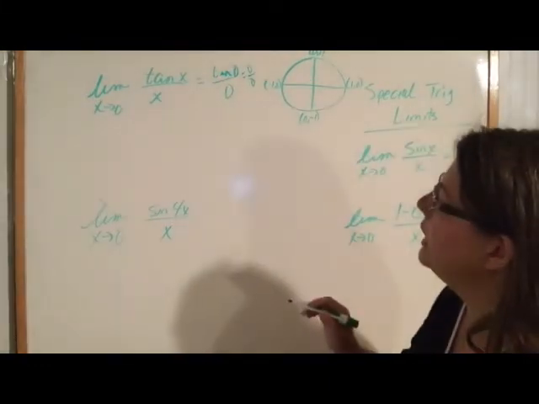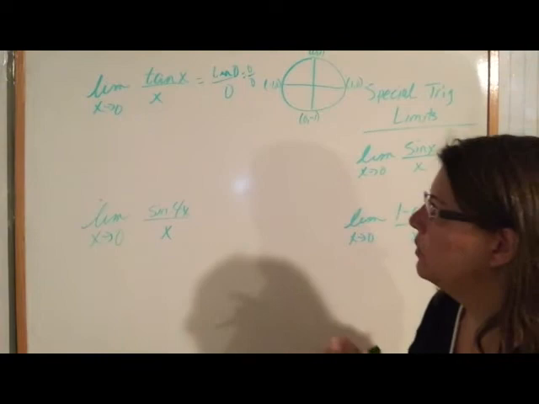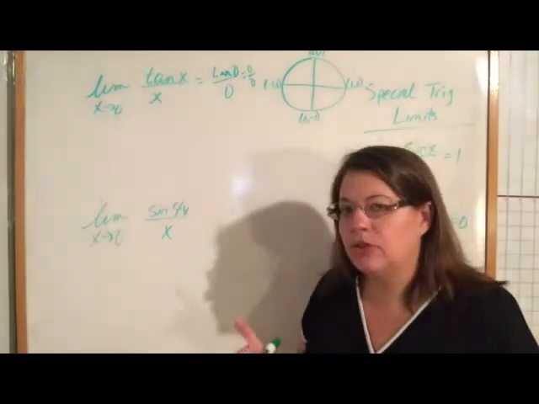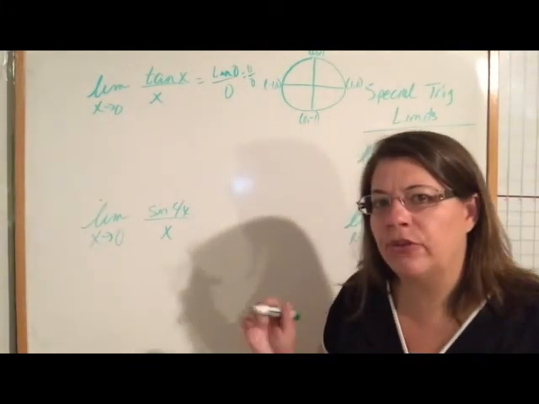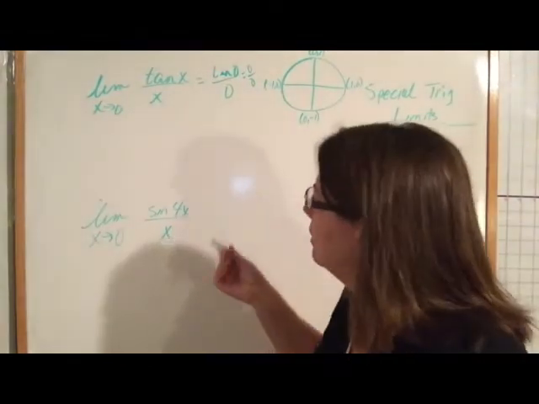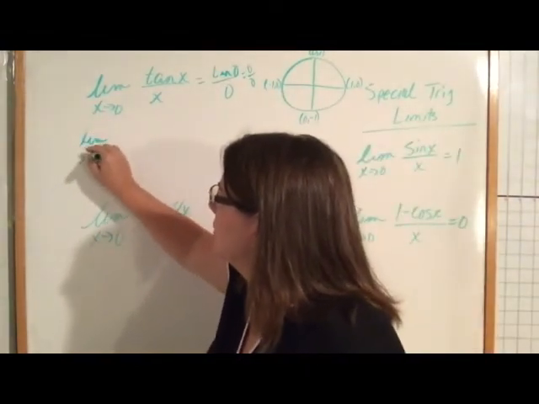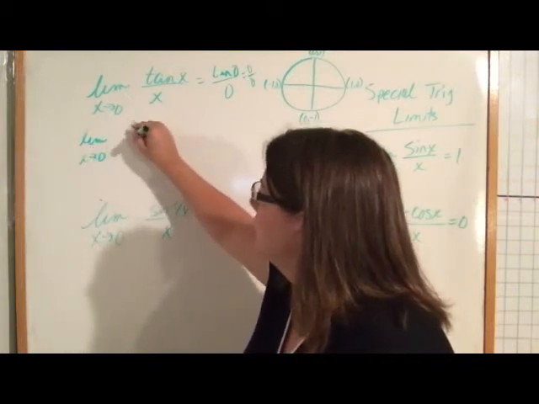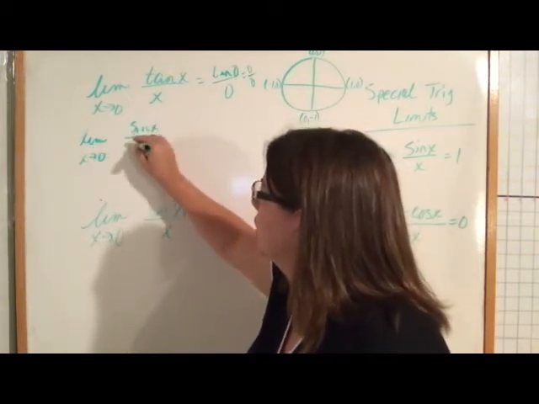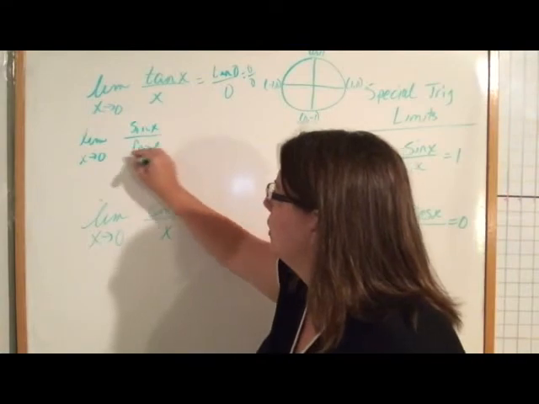So if we look at what we've got, I know that tangent is the same thing as sine over cosine. So I'm going to rewrite this as the limit as x approaches 0 of sine x over cosine x over x.